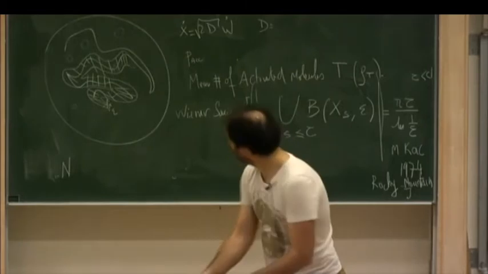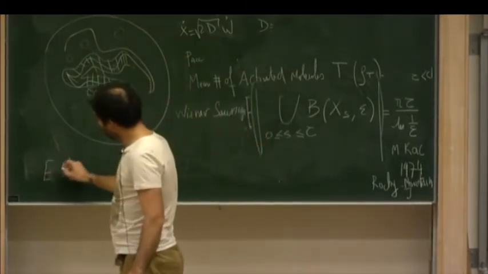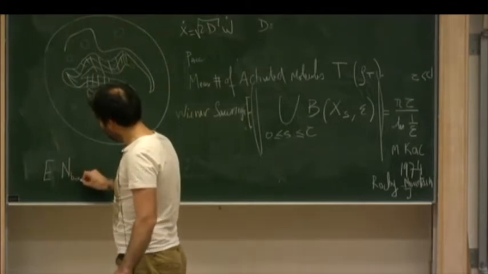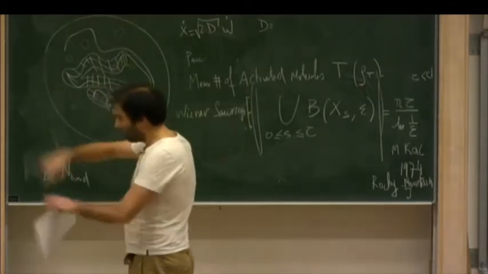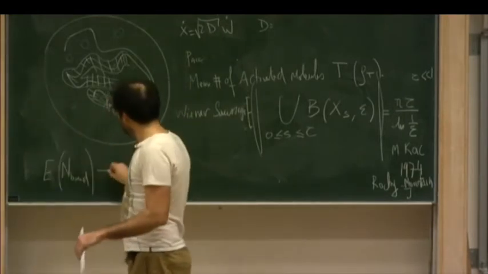So what is finally the expectation of the number of bound molecules? This is a random number. Each time you do this, you have a certain number, and you average over realizations.